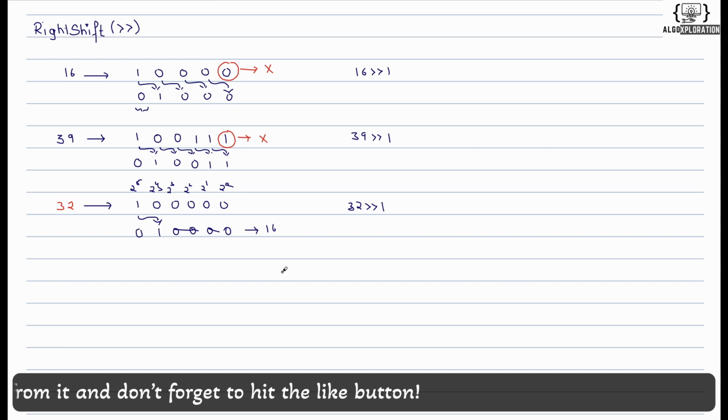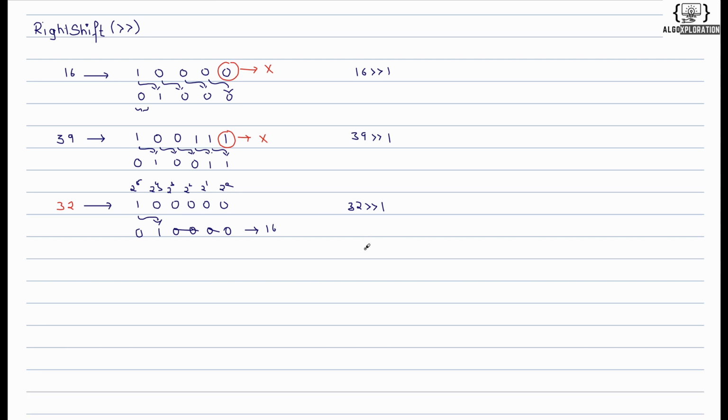So if we shift the bits to the right, the value is actually divided by 2. Let's say if we do it one more time, this 1 will come here, this 0 will come here, this 0 will come here, this 0 will come here, and this last 0 will simply drop off, and we will add 0 in this place by ourselves.